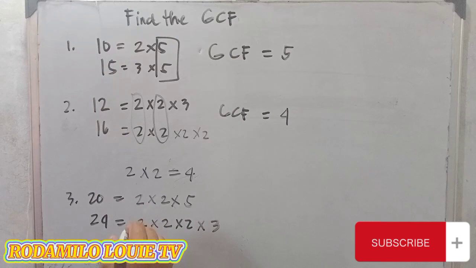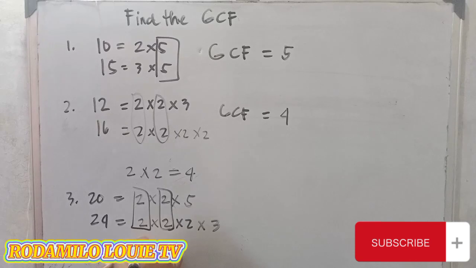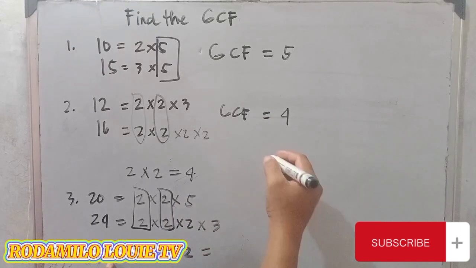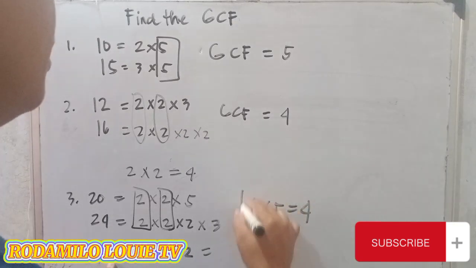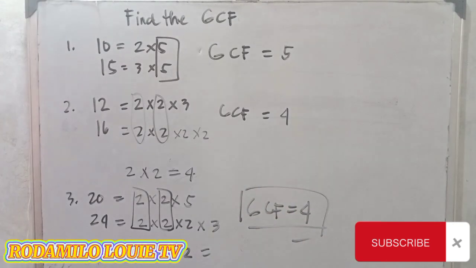So ang common nila guys 2 ug 2. So therefore itong GCF is 2 times 2, equal to 4. So ito answer. Itong GCF sa 20 and 24 is 4.